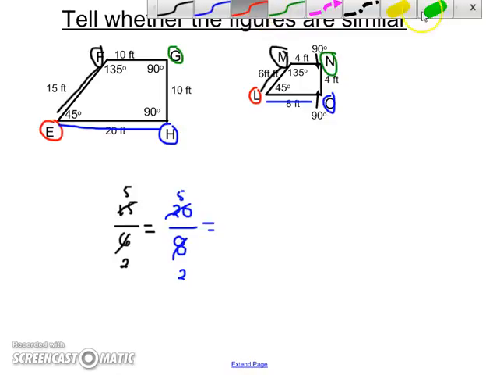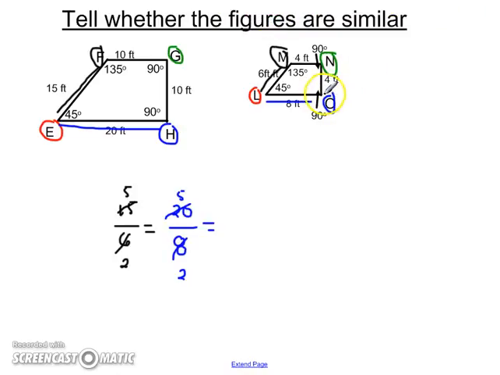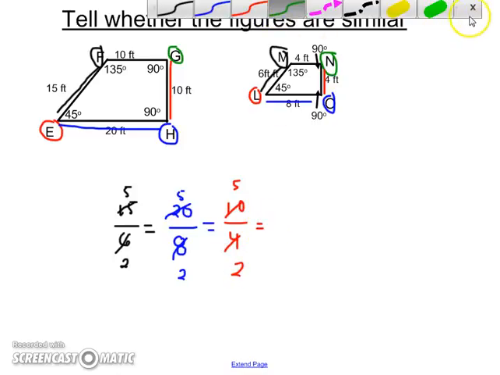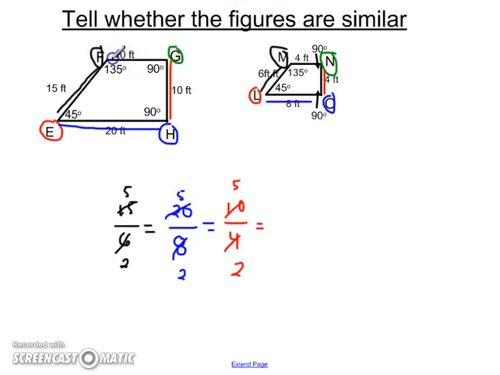Let's keep going around the horn. I'm going to go to the ends in this particular case, going left to right. 10 over 4. They both divide by 2, leaving 5 and 2. We're good so far. If the top ends up being a 5 to 2 ratio, we're golden, and we have similar figures. 10 over 4, which both become 5 and 2.